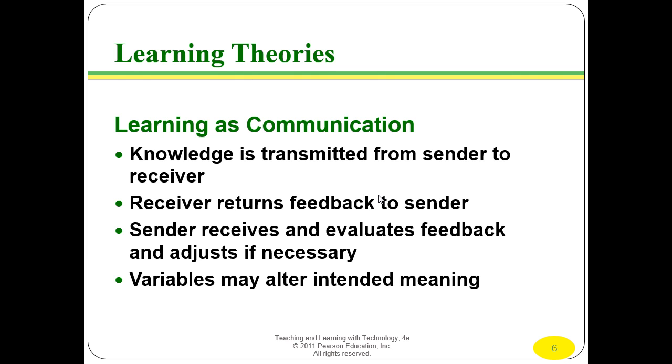Now, variables may alter the intended meaning. There's a whole lot of things that can change the message that we intend to be maybe something else. And so we have to guard against that happening and keep those variables from taking place. And let's face it, it could be a bunch of noise in the shop.